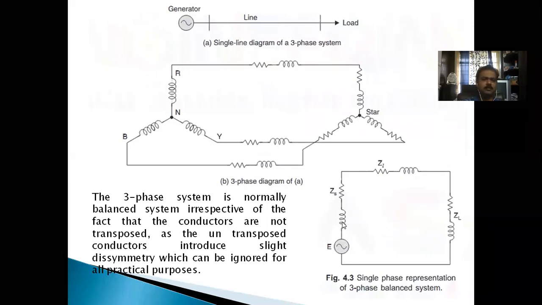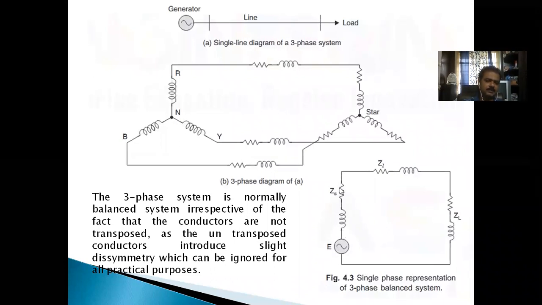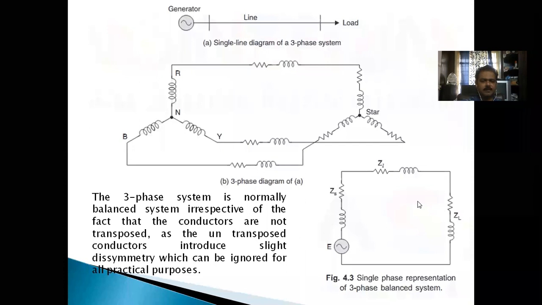This is a single phase representation of a three phase balanced system. Instead of writing three phases, we have simply represented a single phase. Instead of representing three transmission lines, we have used only one. Instead of three phase loads, only one phase is connected. This is a three phase system, but to reduce the complexity we have reduced the number of phases.